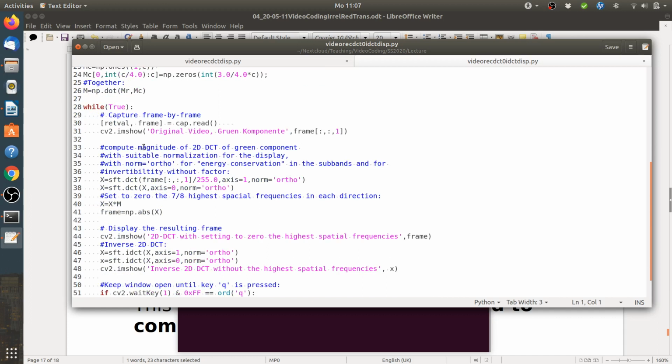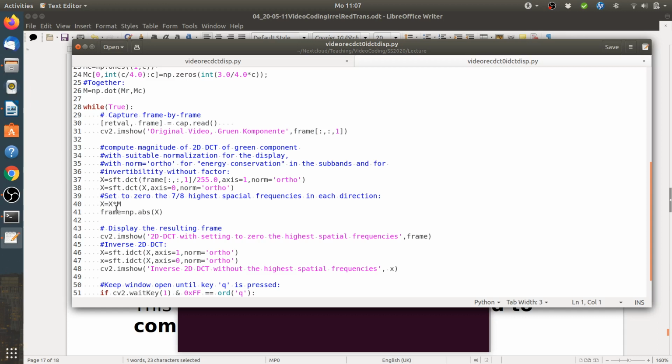Yeah, and then I'm doing the actual processing, reading the frame. Now I'm also showing you the content of the frame, the green component, which is for me a substitute for the Y component. Here now I'm applying the DCT again, twice, first along the rows, then the columns. Now without abs, right, because I want to be able to invert it.